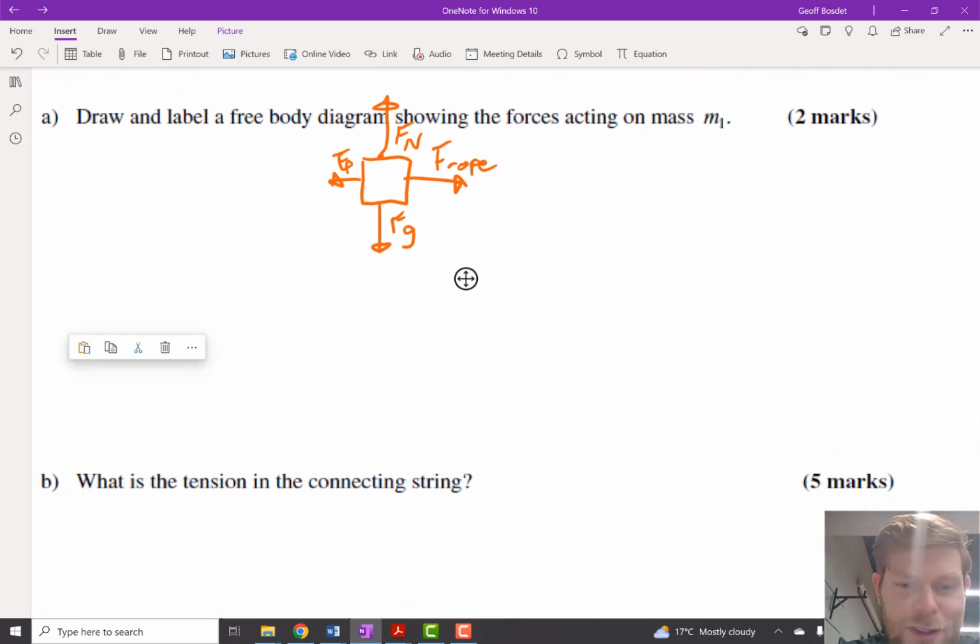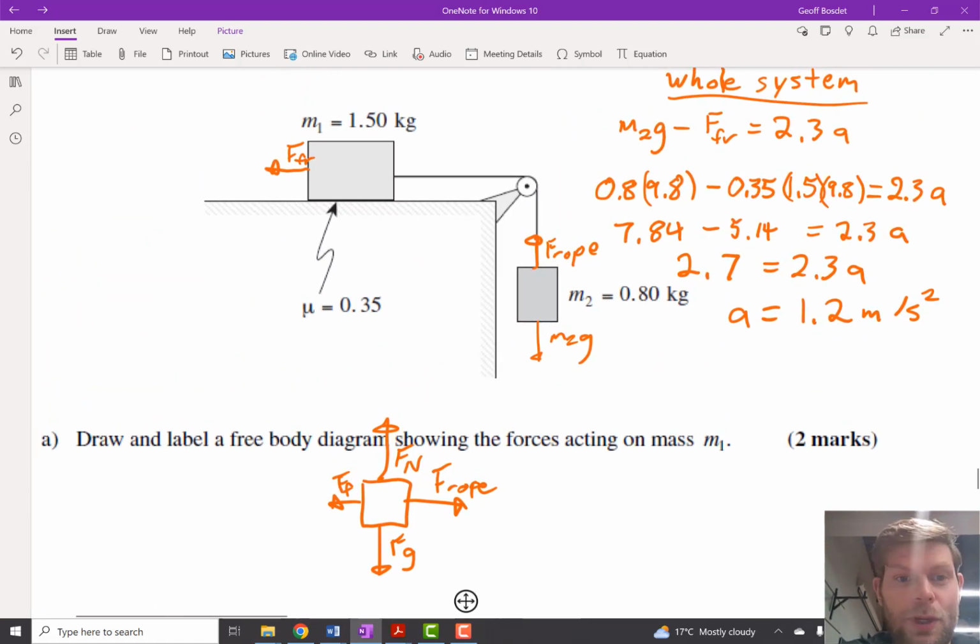We want the tension in the connecting string. But now we've got acceleration, so we can pick either one to solve for F rope. I could do a big minus small on M2 or on M1. I think I'll do it on M1 because I've got a nice free body diagram here and I've already solved for the friction.